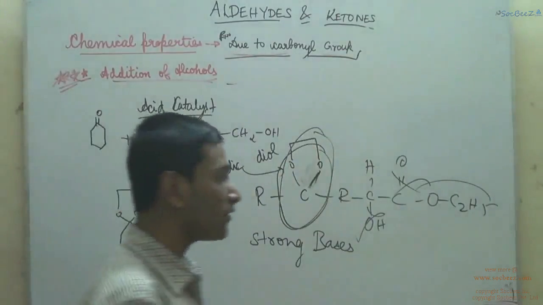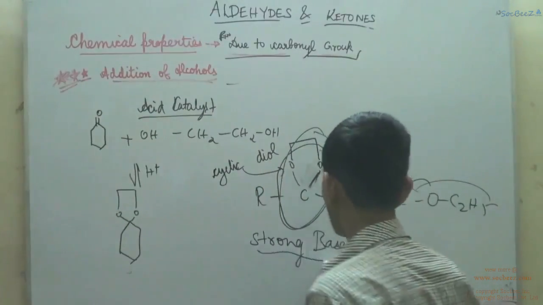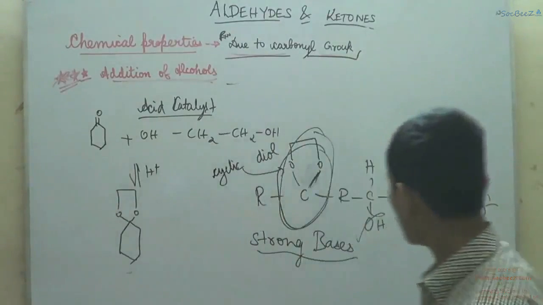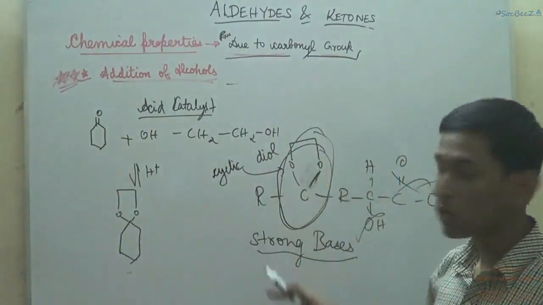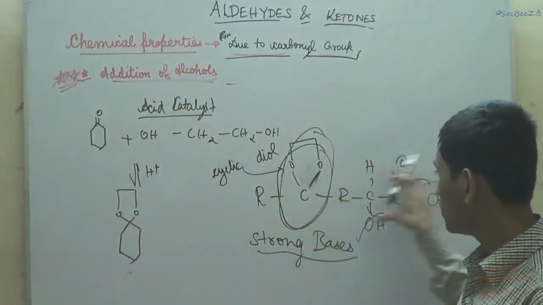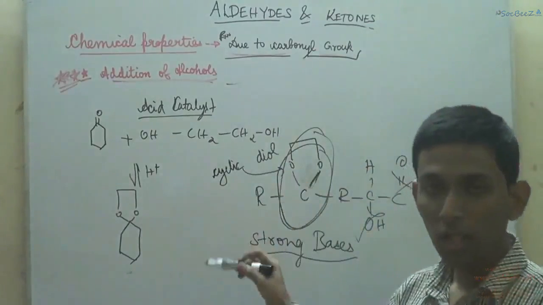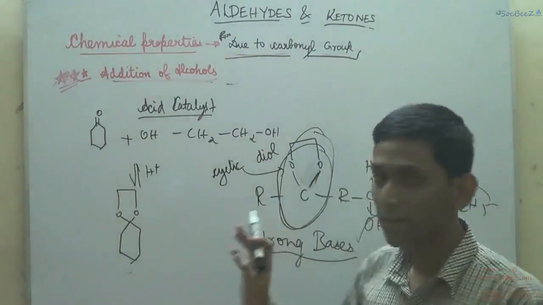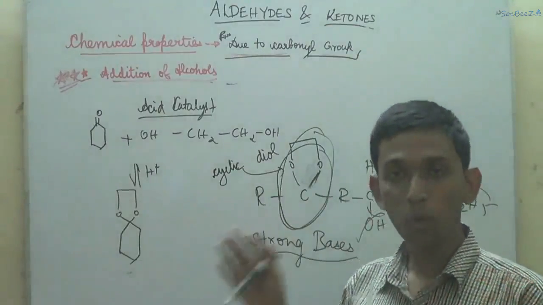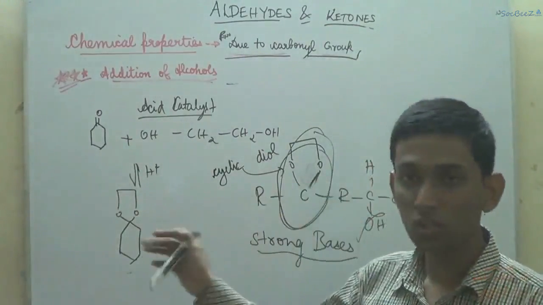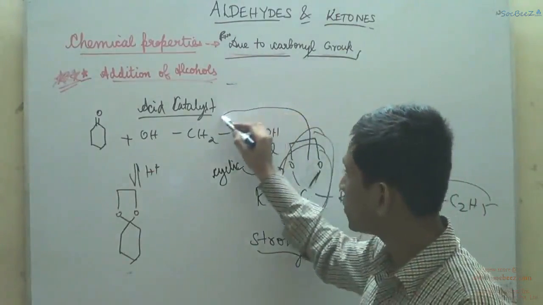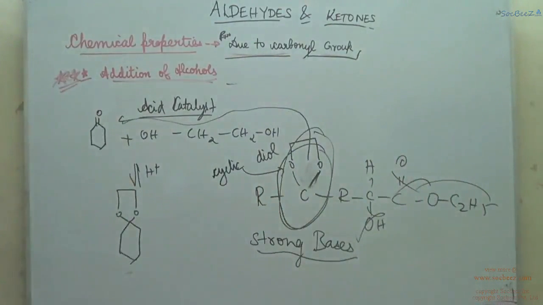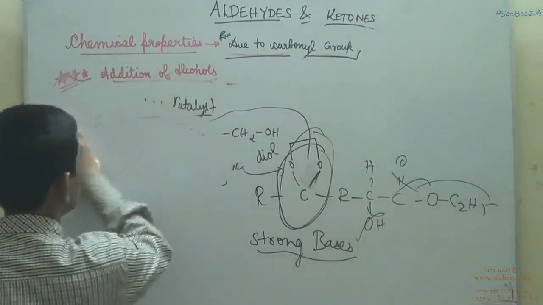So it's not effective in acidic medium. However, if your main reaction of this compound is taking place in a basic medium and you want to protect the carbonyl group, then you treat it with a diol to form this cyclic ketal or acetal, and then after the reaction is over, to the product you treat it with acidic solution so that you get back your original compound. So these are used as protecting groups.